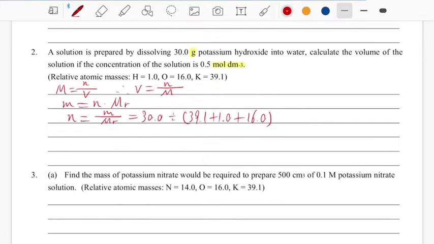That will give us the number of mole, which is 0.535 mole. And then we can use this equation to work out the volume. So the volume should be number of mole 0.535 divided by the molarity 0.5, and then it will equal 1.07 dm cube.